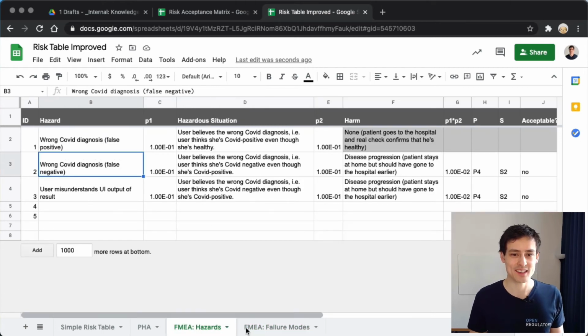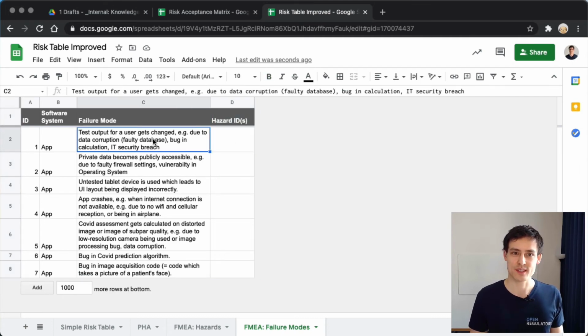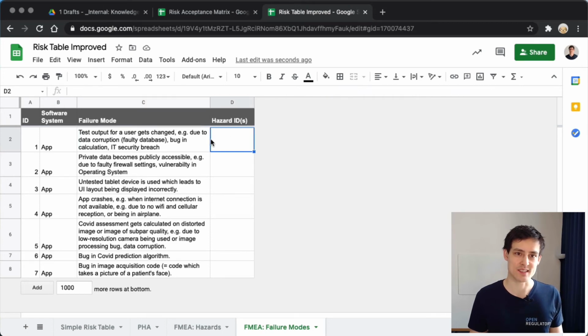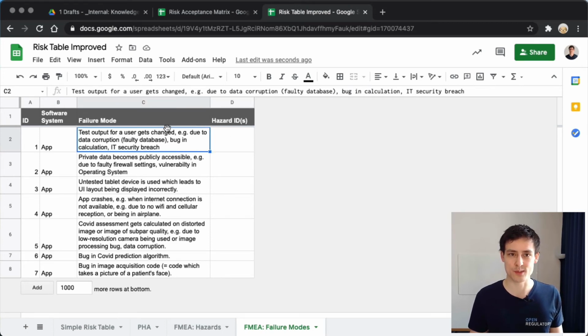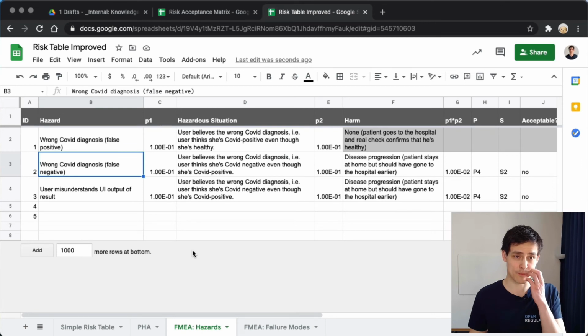And this is where the hazard ID column comes into play. Now you have something which happens here on the left side, and it actually leads to something, right? So the test output for user gets changed, e.g. due to data corruption. Okay, do we have that hazard covered? That would mean the diagnosis is wrong, right?